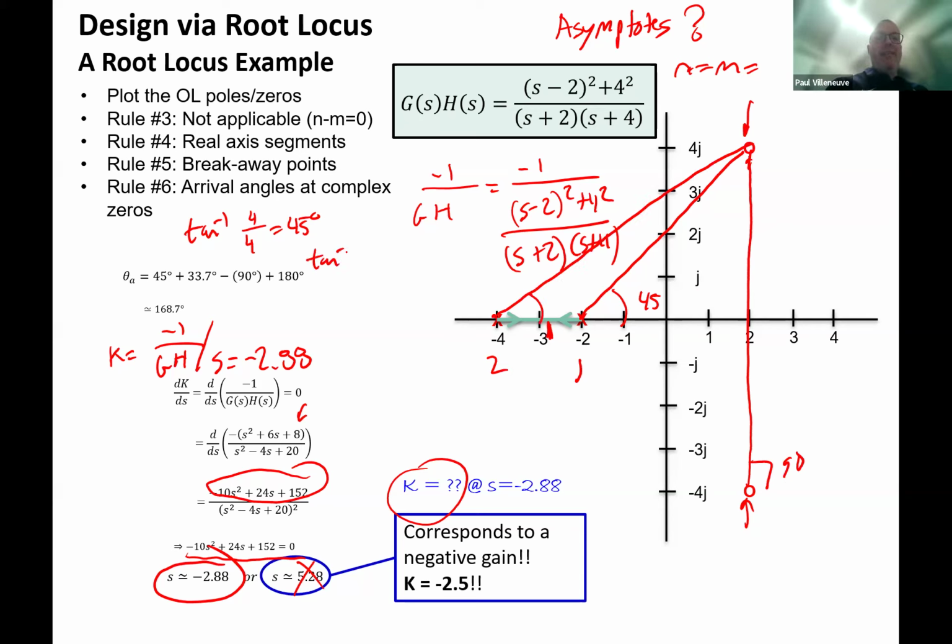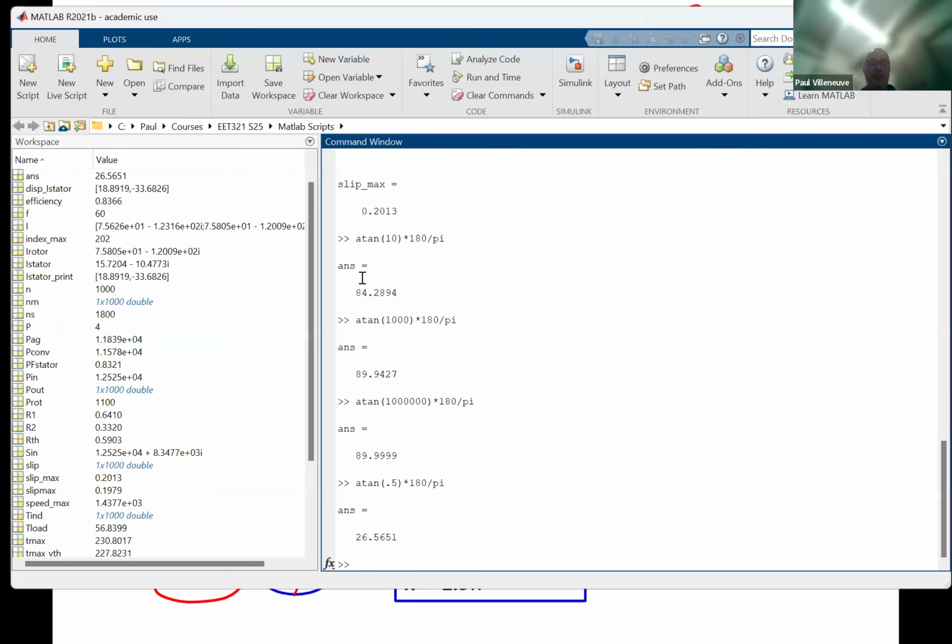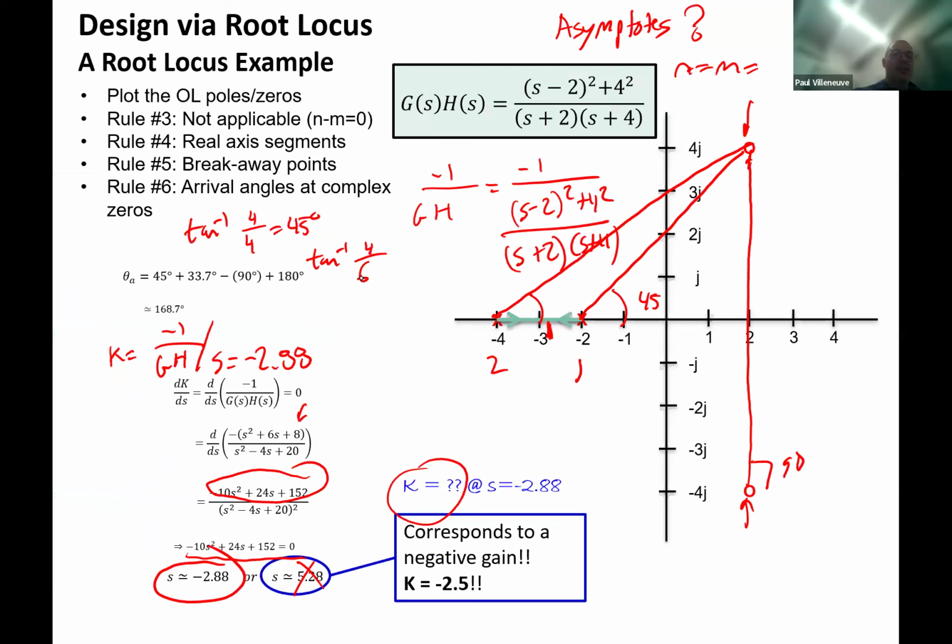And then my last one is here. That's equal to the inverse tangent. We still rise up 4, but instead of going 4, we have to go over 6, right? So the inverse tangent of 4/6 or 2/3. So atan of 2/3 times 180/pi is equal to 33.7, which we have here.